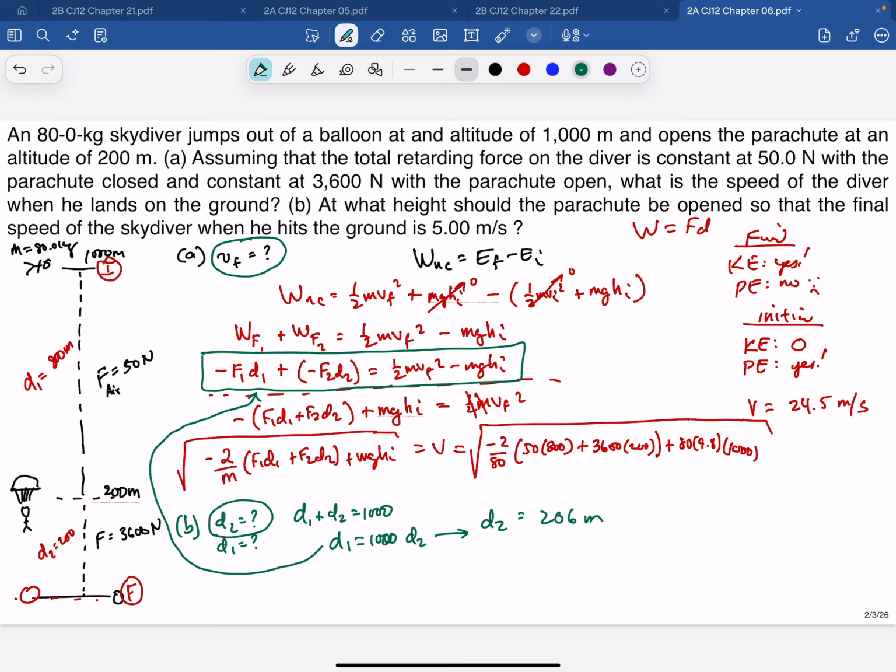It doesn't seem like a lot of room for error, does it? Okay? But if you do it before this, you're going to probably end up still going 5 meters per second, but you're just going to have longer time, right, to get down.